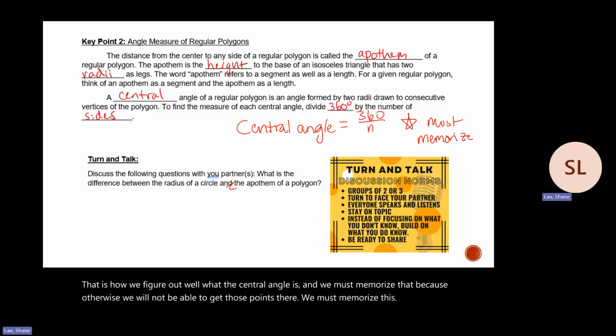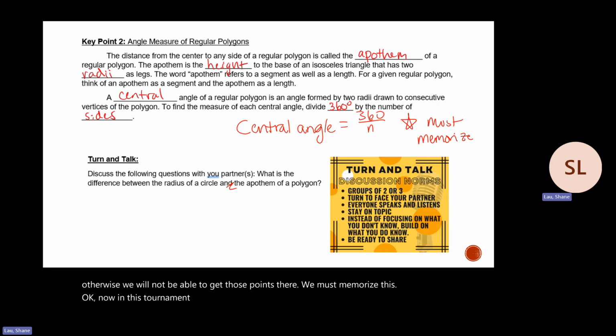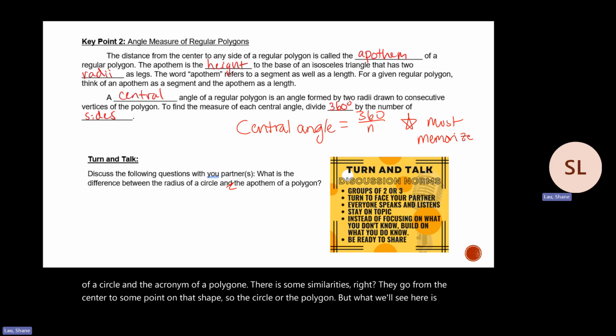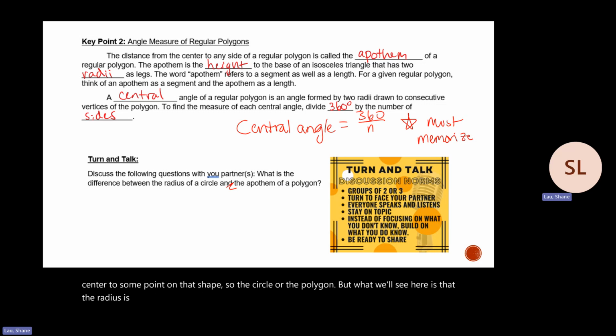Okay. Now, in this part of the notes, we talk about the difference between the radius of a circle and the apothem of a polygon. There are some similarities, right? They go from the center to some point on that shape, so the circle or the polygon. But what we'll see here is that the radius is always going to be bigger than the apothem.